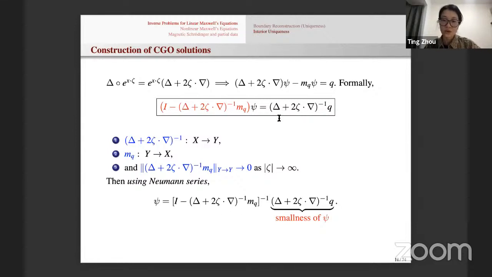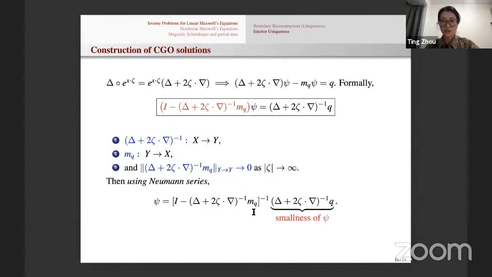And looking at this equation, functional analysis tells you that if you can show this operator, the composition of these two operators, being small as the magnitude of zeta goes to infinity, then the whole thing will be invertible. The red part, the operator, will be invertible. So you can really solve for psi using a Neumann series kind of construction.